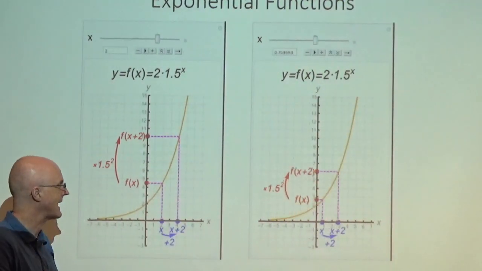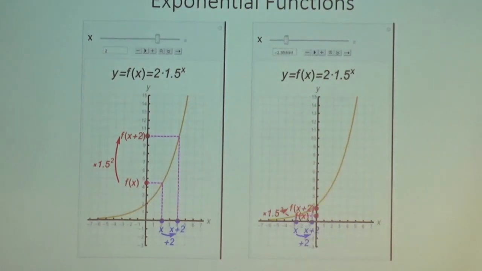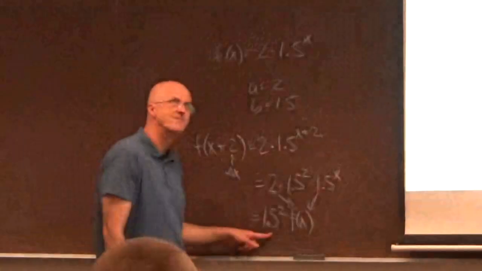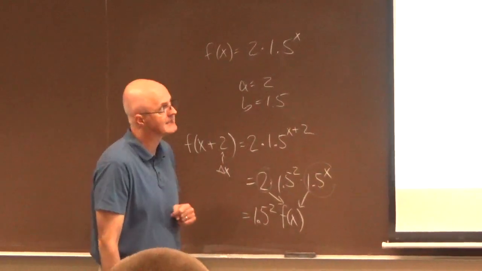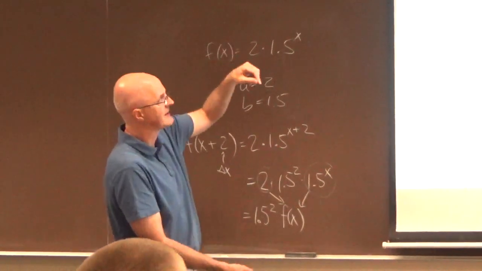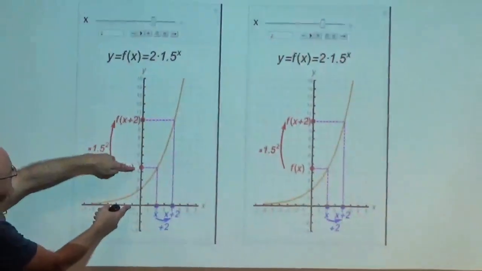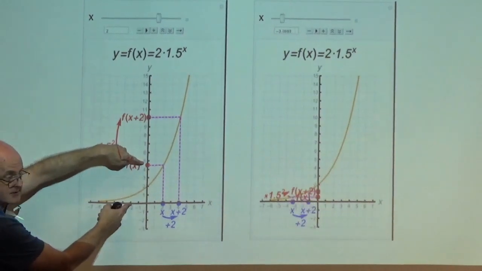Okay, it doesn't matter what x is. 1.5 squared is 2.25, which is a 125% growth, so it more than doubles in size. That second y coordinate is more than twice as far away from the x-axis as this first one. This point is more than twice as far away from the x-axis than this one is.